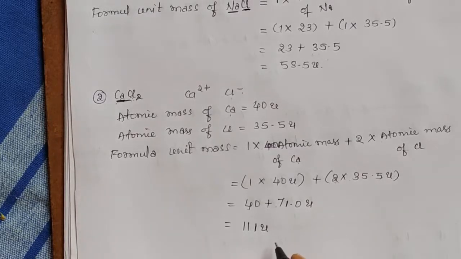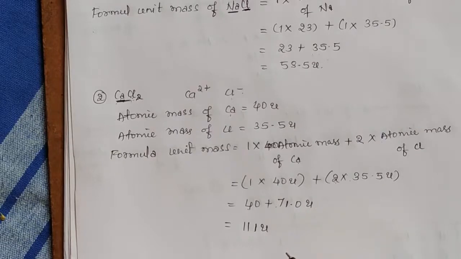Children, like this we have to calculate the molecular mass and formula unit mass. The way we calculate the molecular mass and formula unit mass is the same. The only difference is the term formula unit mass is used in case of ionic compounds, whereas the term molecular mass is used in case of covalent compounds.